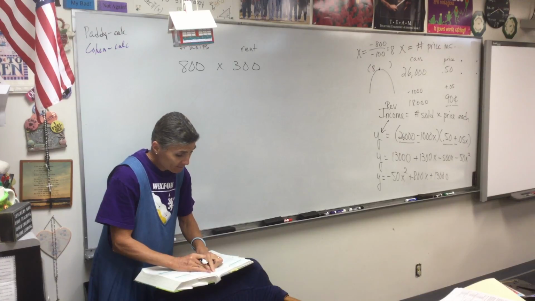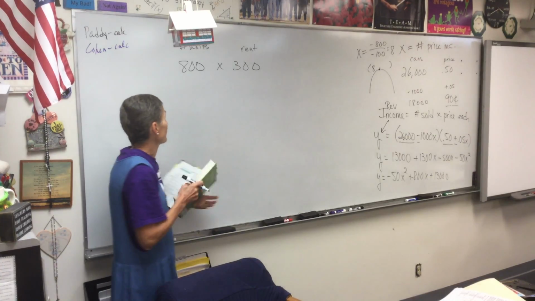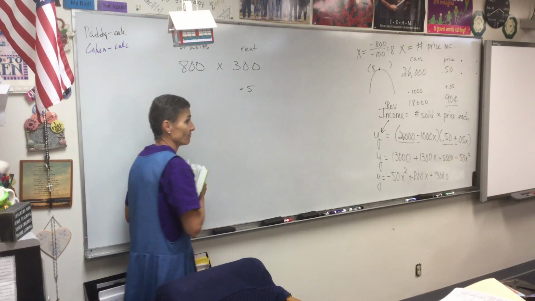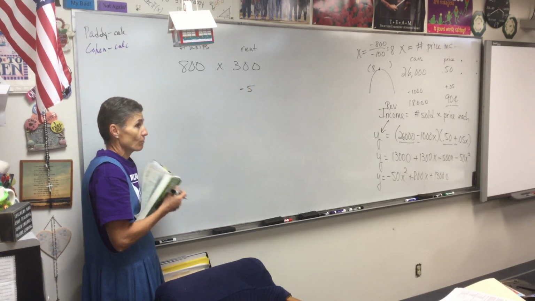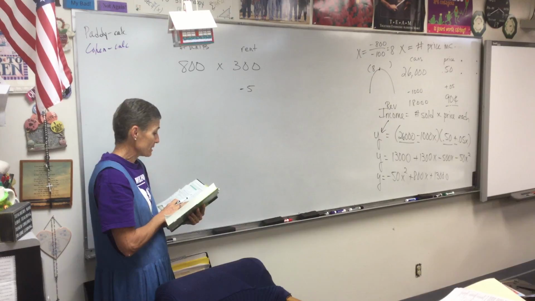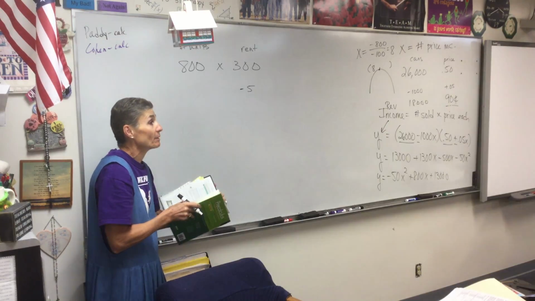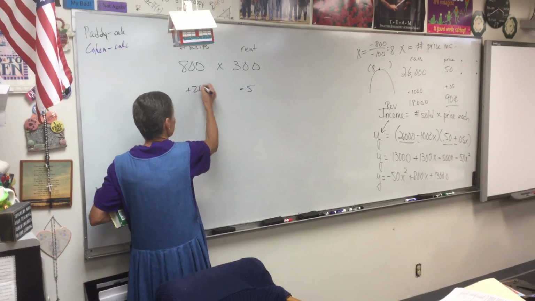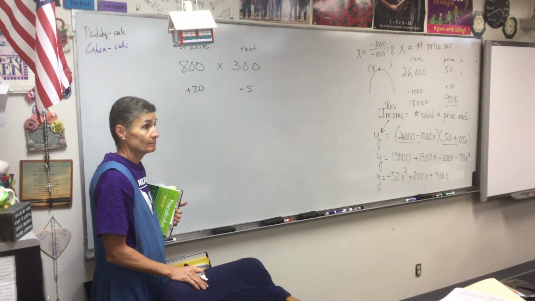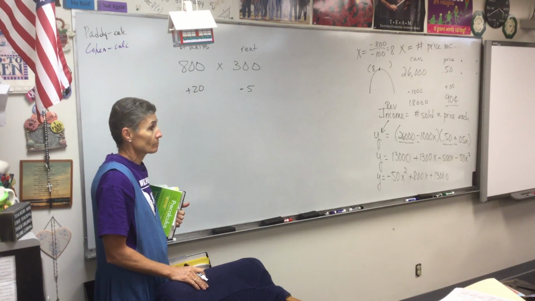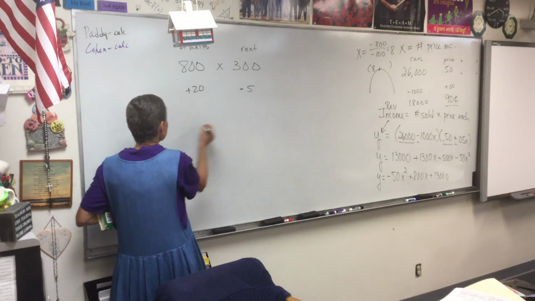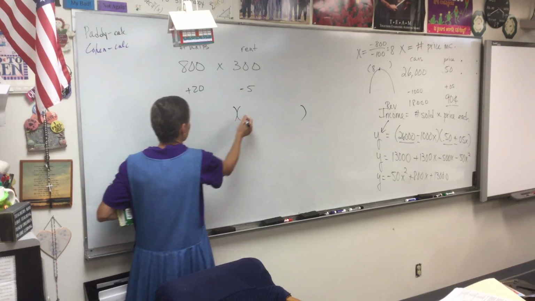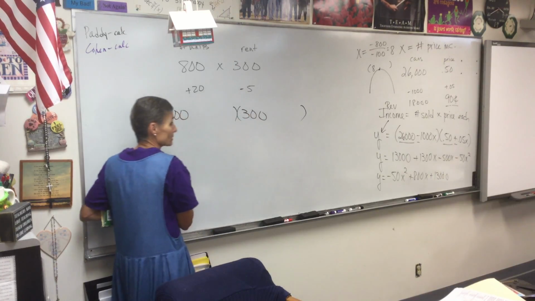For every $5 decrease in rent, so now we're going down by increments of 5, what will happen? I will have 20 more apartments rented. So right now, I'm at 800 and $300.